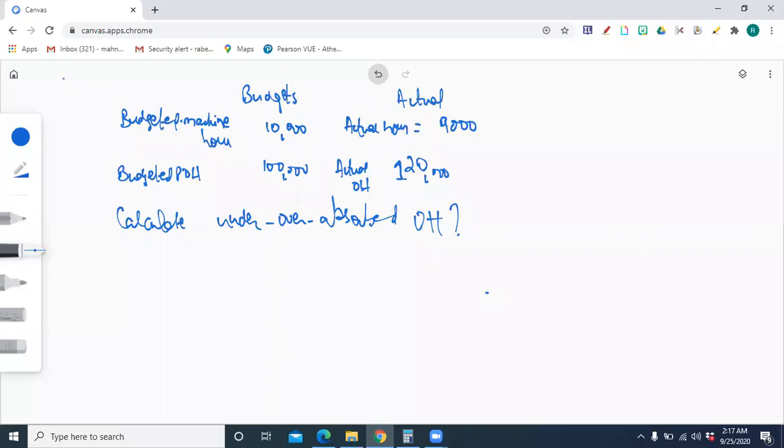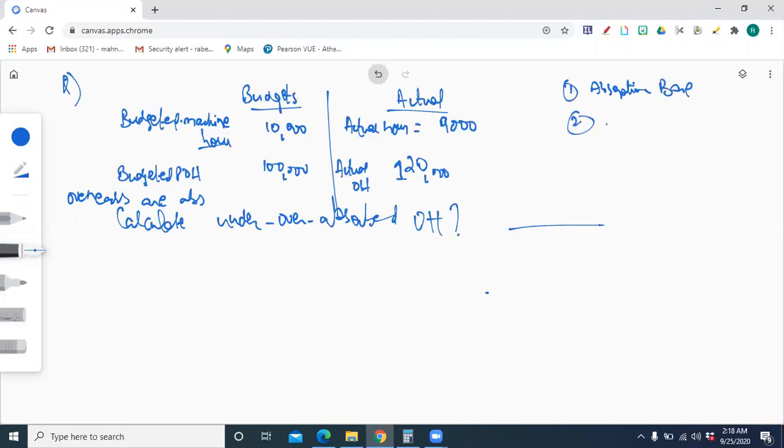And at times a question comes like this, fill in the blank on number into question. Here the budgeted data is given, and on one side the actual data is given. The machine hours and the budgeted overheads are given, so we know that overheads are absorbed on the basis of machine hours. For absorption, number one thing, always remember, you need to know the absorption base. Once you know the absorption base, it's actually a rule of three.